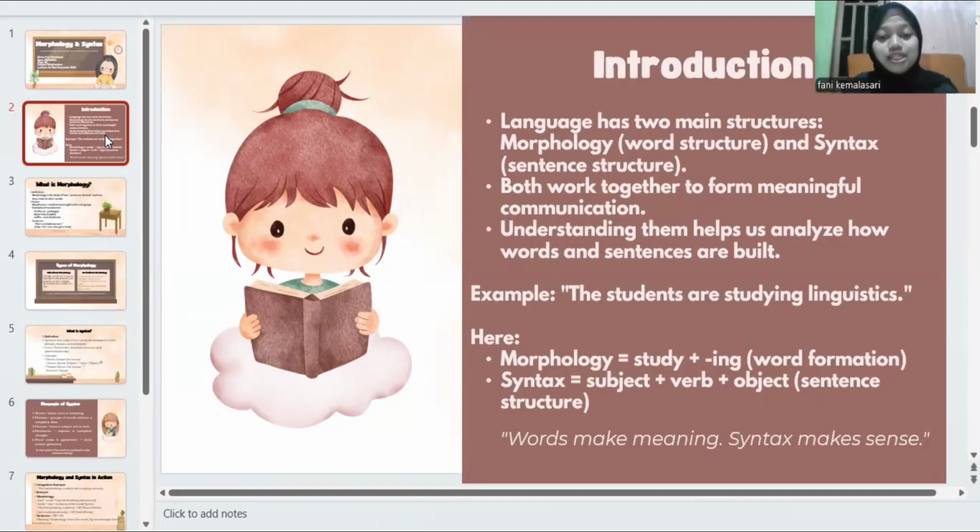The students are studying linguistics. In morphology, we analyze study plus ing to studying, that is word formation. In syntax, we see subject plus verb plus object, that is sentence structure. So remember this key phrase: words make meaning and syntax makes sense. Pretty cool, right? Okay, next slide.